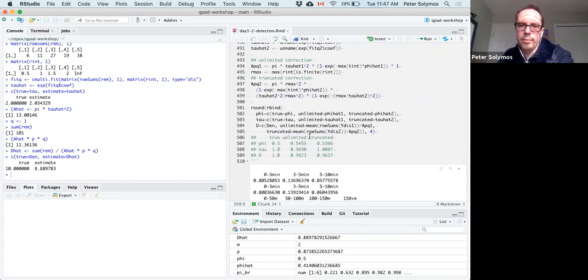So based on the unlimited or the truncated distance cases, these are the estimates I got. For phi, it was very close. For tau, it was again very close. And as a result, our density, once we corrected it back, was again very close to the original simulated value.